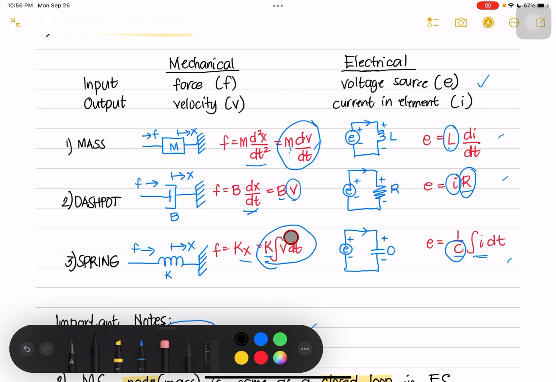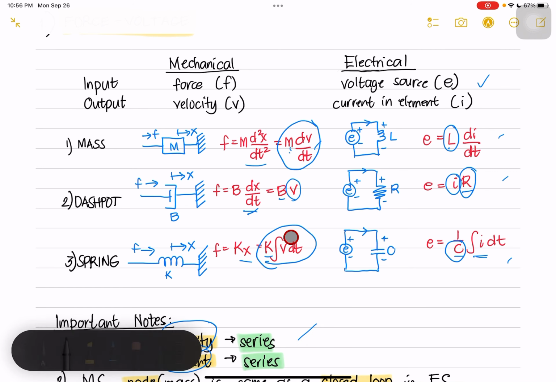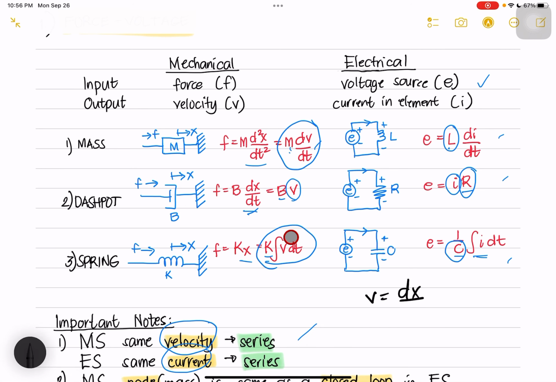So v again is equal to dx over dt, right? So dx over dt times dt is equal to dx. The integral of dx will be x. So matitira pa din is x. I just wanted to explain na equal lang tong formula na to dito sa derivation.